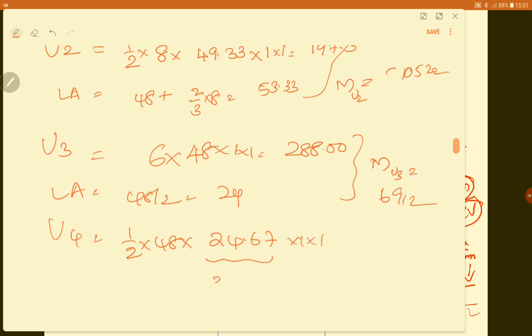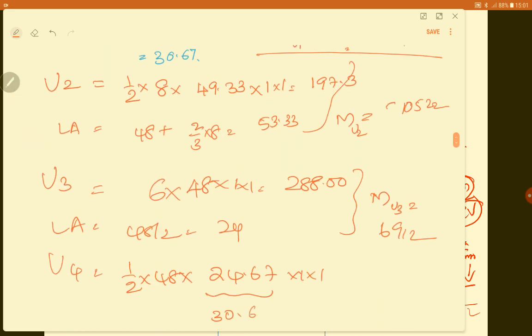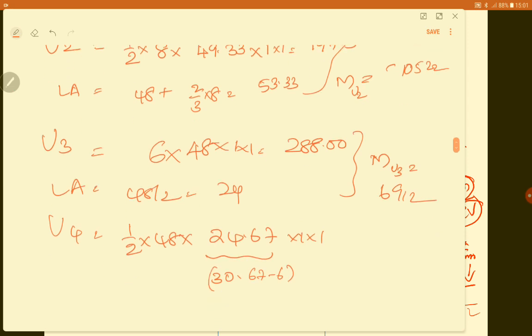This is 30 point, what was the value? 30.67 minus 6. Okay, that will be equal to, U4 will be equal to, you will be having some value for U2 which is equal to 592.1.